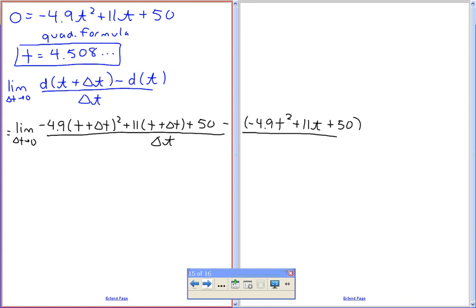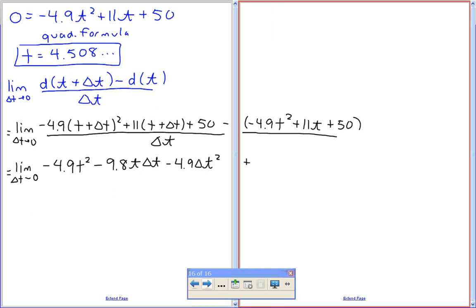All right, what goes next? Expand it. So I took the 4.9 and expanded this. It turns into negative 4.9 t squared, subtract 9.8 t delta t, subtract 4.9 delta t squared, plus 11t plus 11 delta t plus 50.